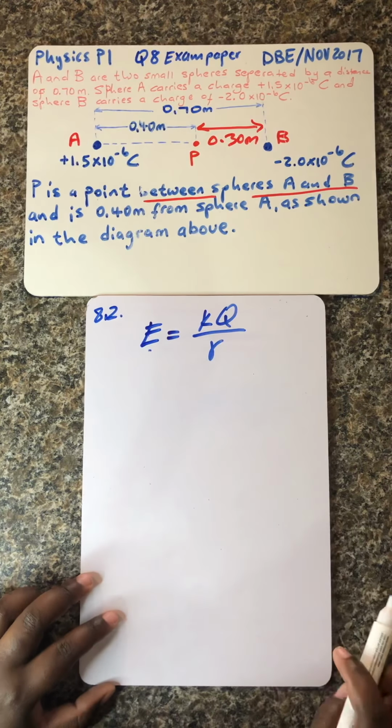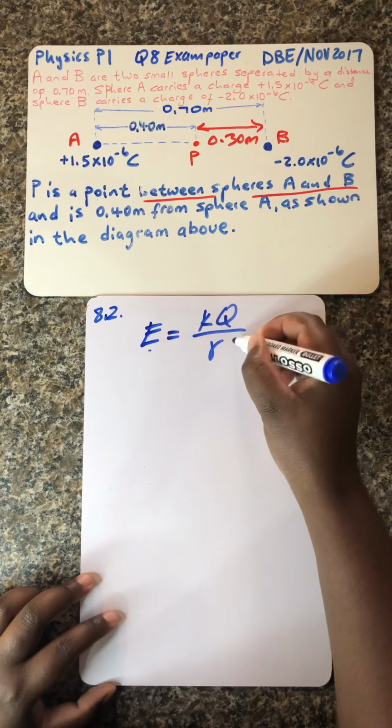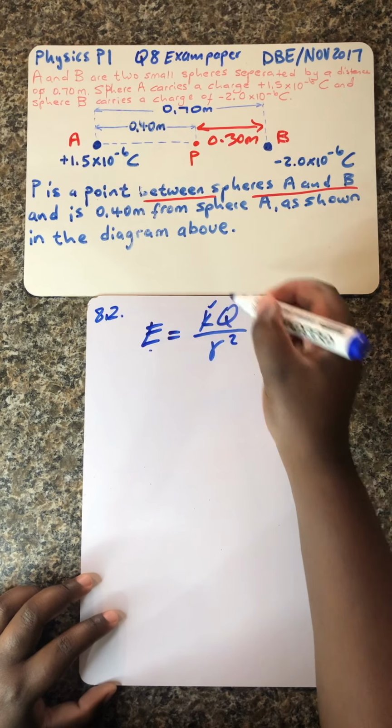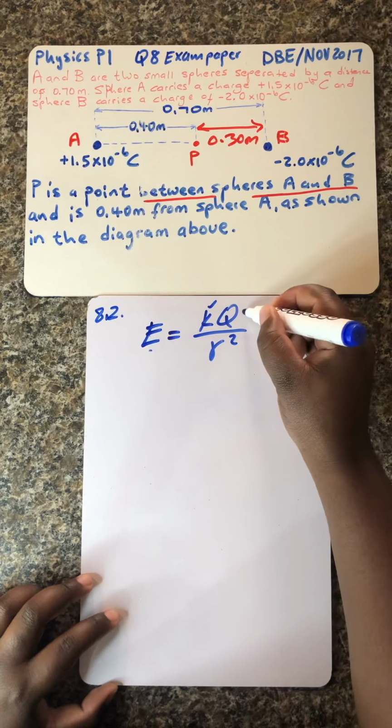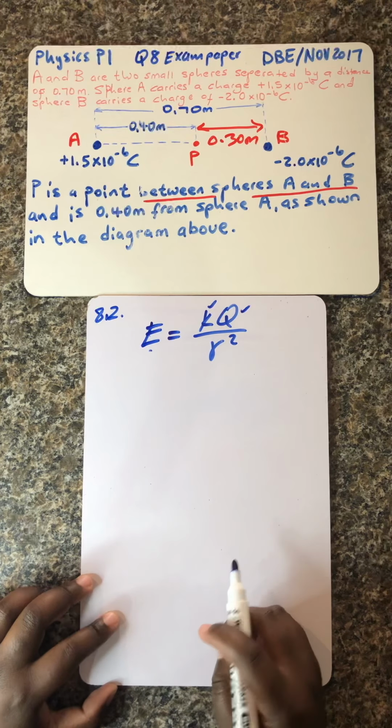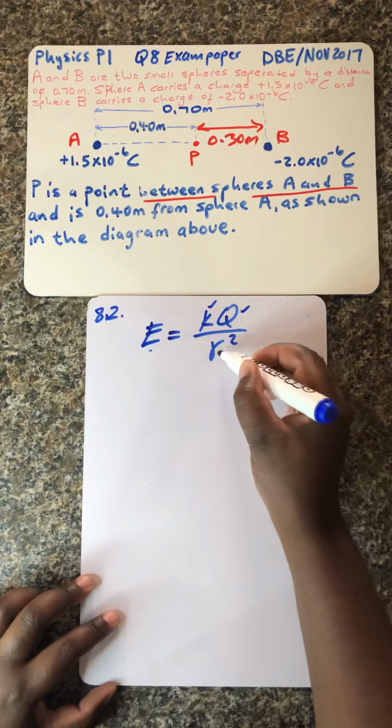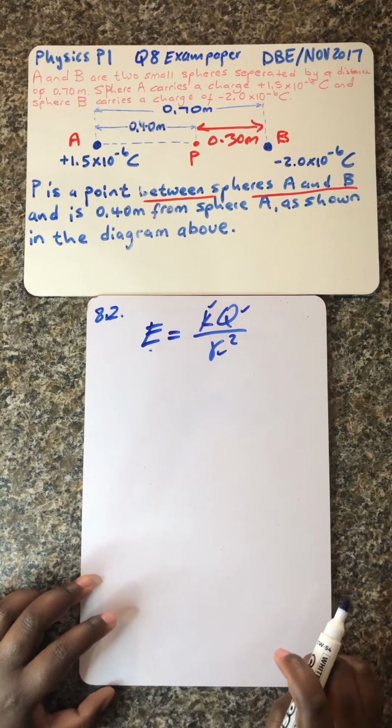Why specifically this formula? It's because I've just shown you that we've got the constant, we're given the charge from the statement, and we also have the distance.